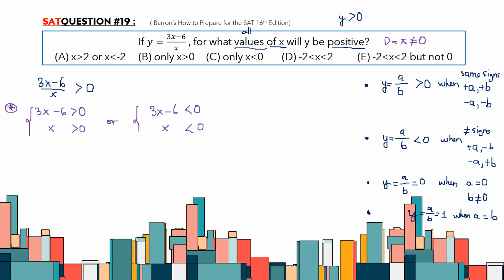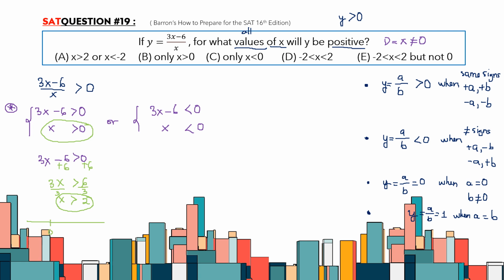Continue to solve. We have 3x minus 6 greater than 0. We add 6 to both sides, so 3x is greater than 6. We divide both sides by 3, so x is greater than 2. With the fact that x is greater than 0 and x is greater than 2, we can draw the line.